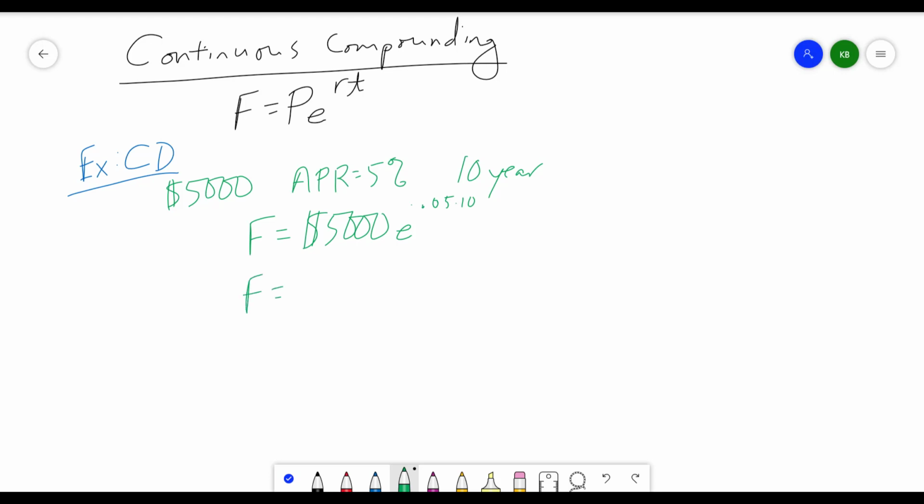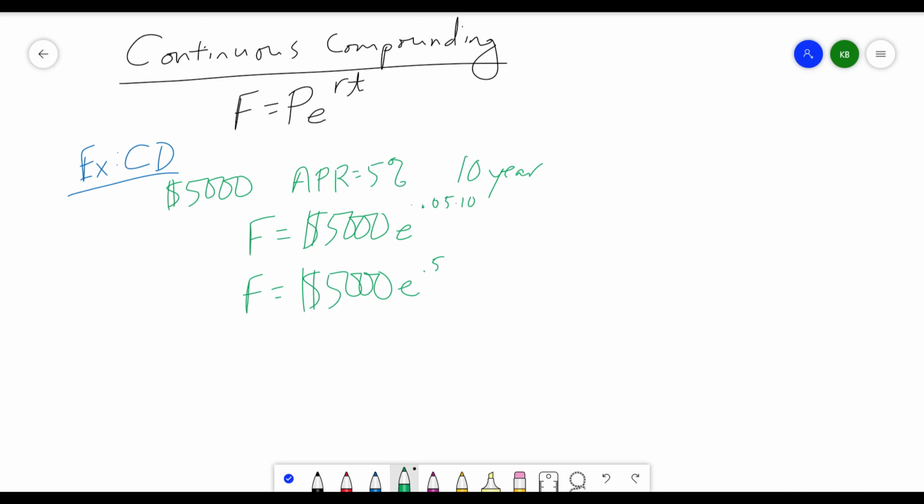So I have my future value is $5,000 times e raised to the 0.05 times 10, which is going to be the 0.5 power. And again, we can plug this into a calculator, but we have to be super careful about doing the e to the power first.